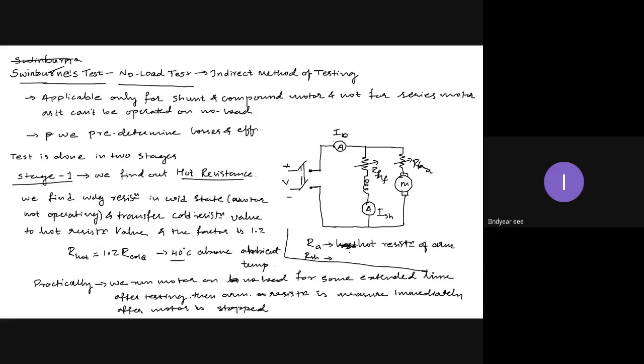It is the normal shunt field resistance. So either I will take the cold resistance and multiply it by a factor of 1.2, or I will run the motor at no load for an elongated time and take the resistance immediately after the motor stops. With that, I will get the hot resistance.